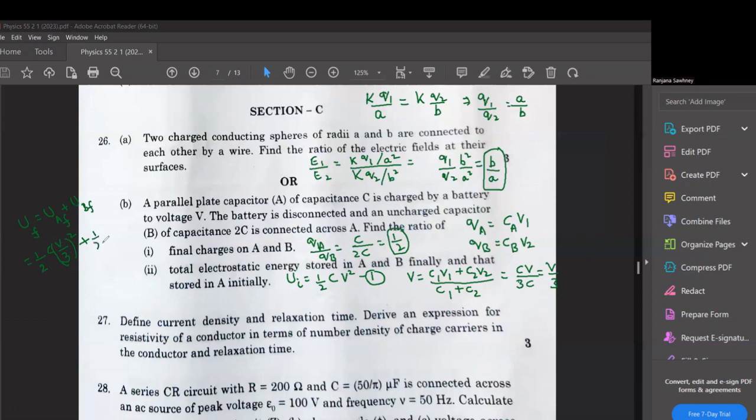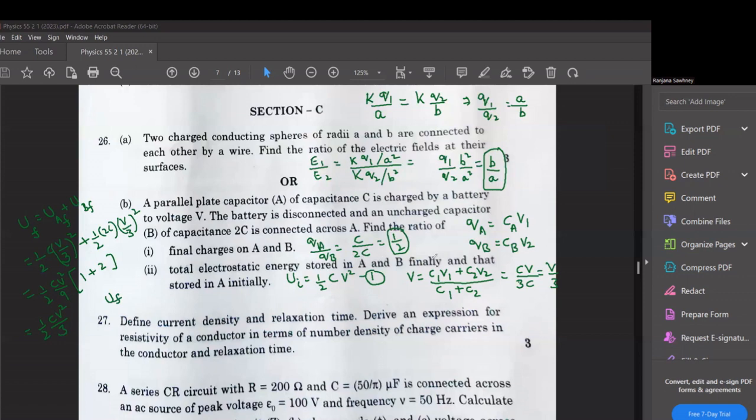The same way, half CV square, where C for the B capacitor is 2C, into V by 3 whole square. On simplifying, we get half C into V square upon 9 into 1 plus 2, which is 3. So we get half CV square into 3 upon 9, half CV square upon 3. Now what do you have to find out?